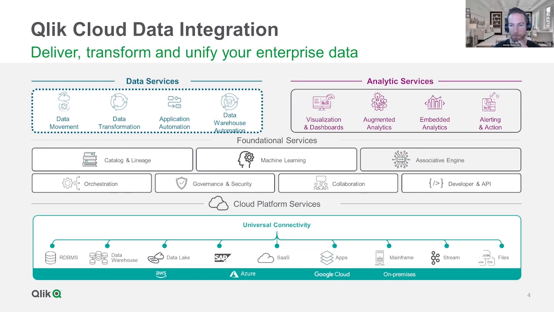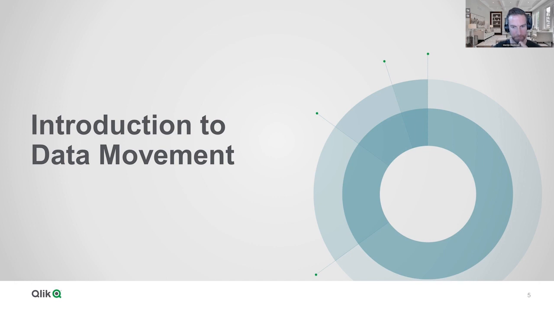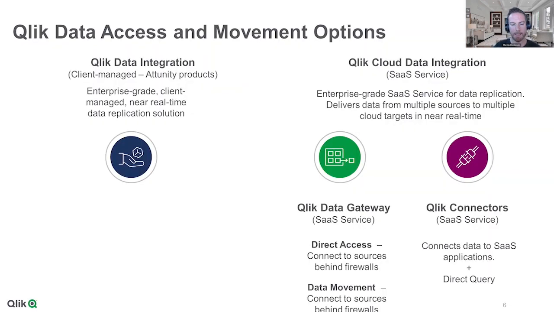So let's have a look at data movement. How can you move your data? So like I said in the previous slide, before Qlik took over Attunity, they had fantastic software to move or replicate your data from one location to the other, or as we call it, a source to a target destination.